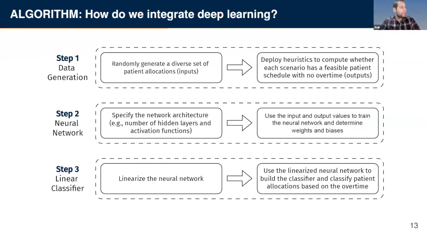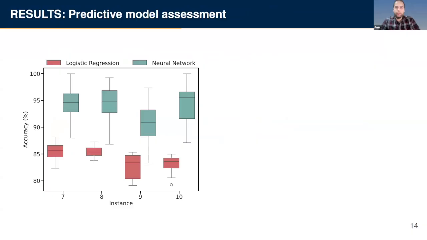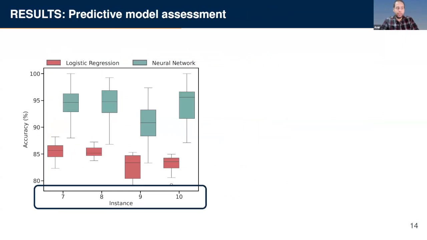Okay, so now let's dive into some results. Here we have some box plots comparing the performance of the neural network and logistic regression, to justify the use of the more complicated neural network. On the y-axis, you can see the accuracy of the model, and on the x-axis, you can see different instances that we have created.